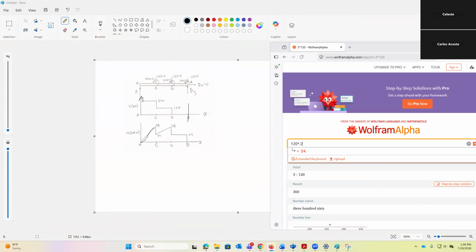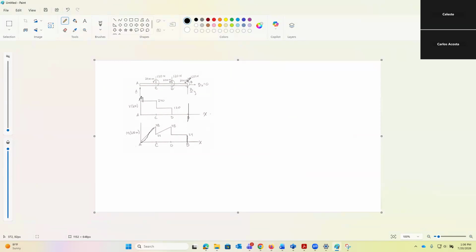Let me see. So we started from zero. 120 times 0.2 is 24. So we go straight up. First of all, this is 24 right here. Then we have another 24 right here, positive.